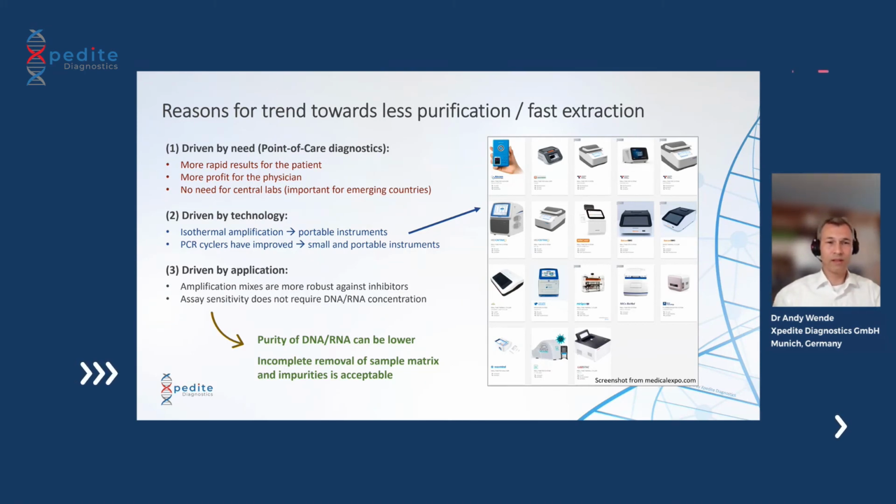Usually it's good enough if it's less than this ultra pure state. And that's why you have a trend towards less purification, meaning faster extraction and also not such a high effort for the purification step of the extraction process.